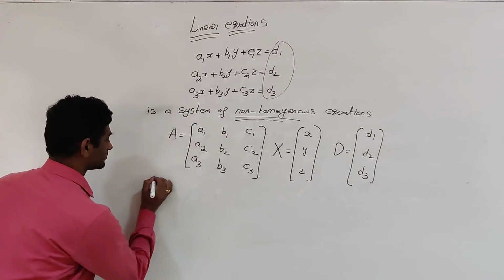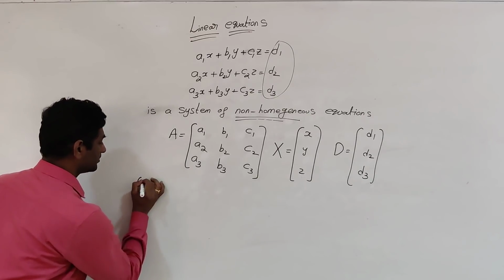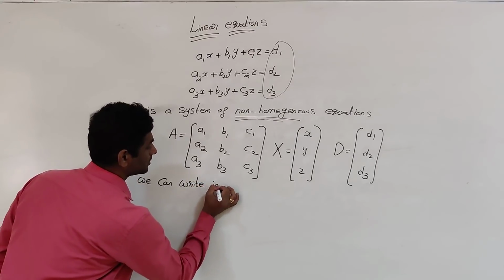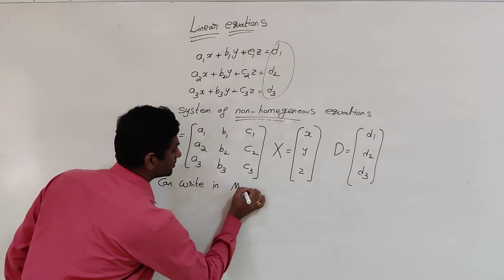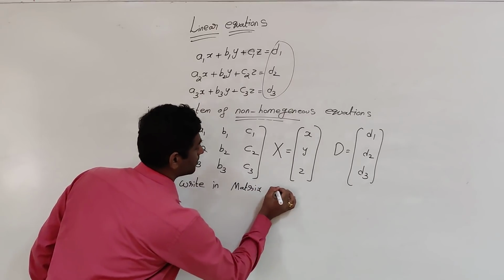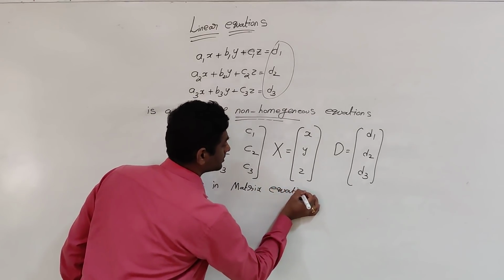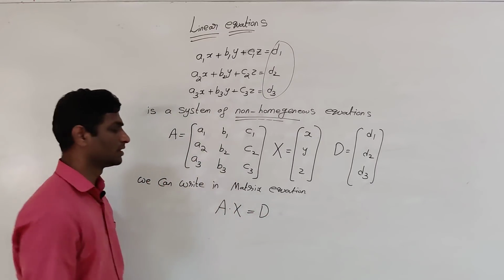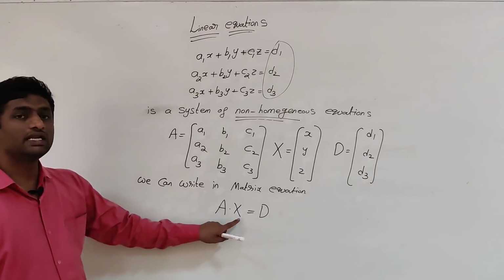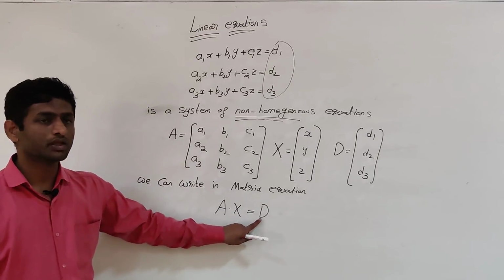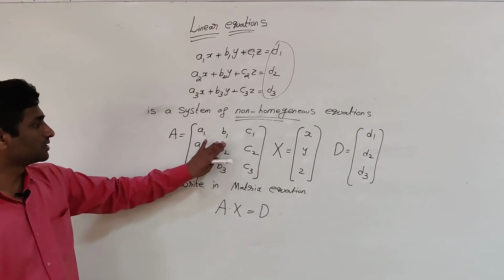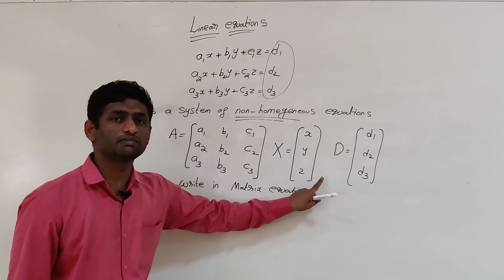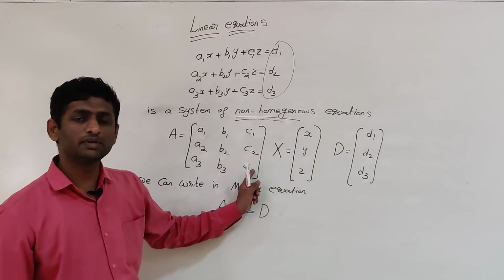So then we can write the matrix equation A into capital X is equal to D, meaning the product of A and X gives capital D. So multiply A and X. A is of size 3 by 3 and X is a column matrix of 3 by 1, so matrix multiplication is possible.